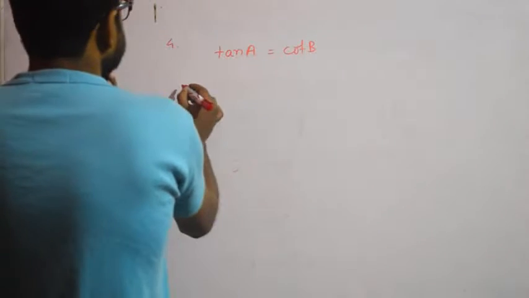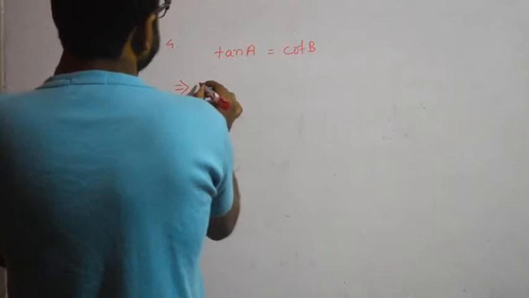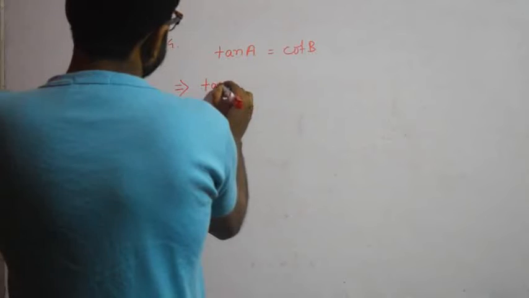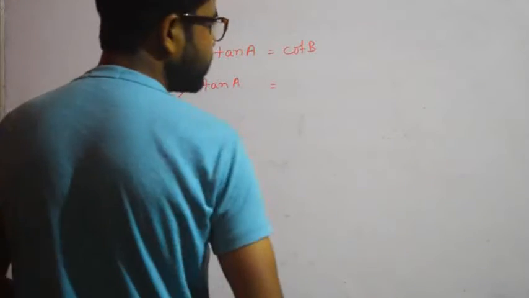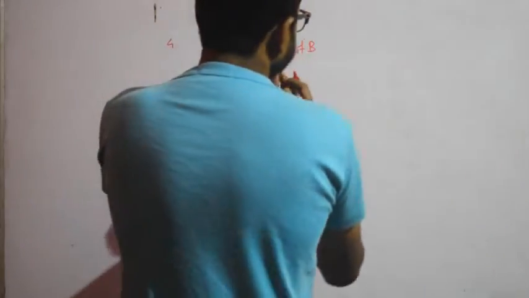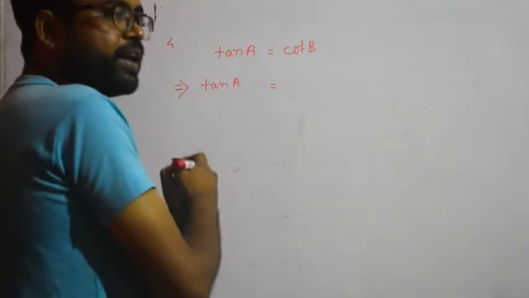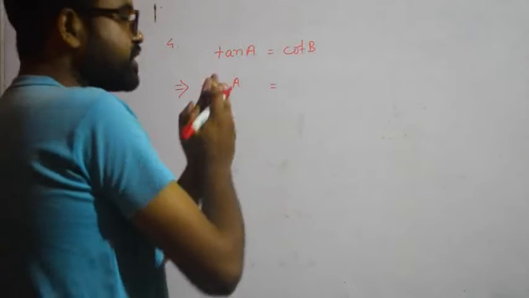Now for this, let us keep tan A as it is on the left hand side. Let us do nothing on the left hand side and try on the right hand side. Cot theta means tan of 90 minus theta, as we discussed earlier.